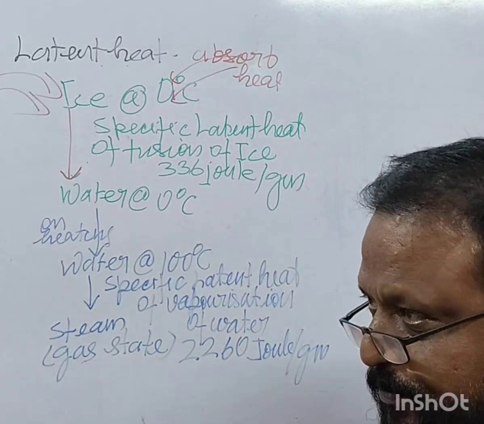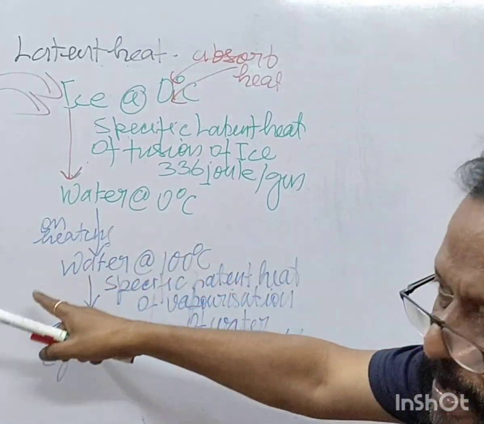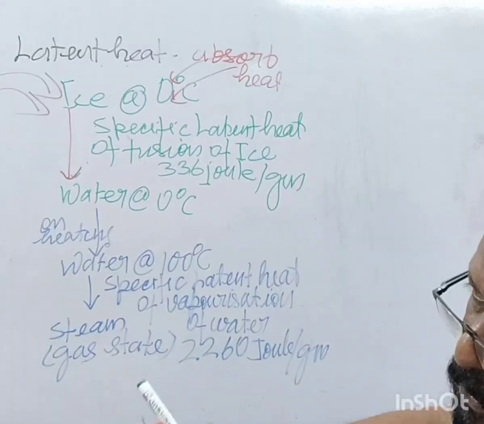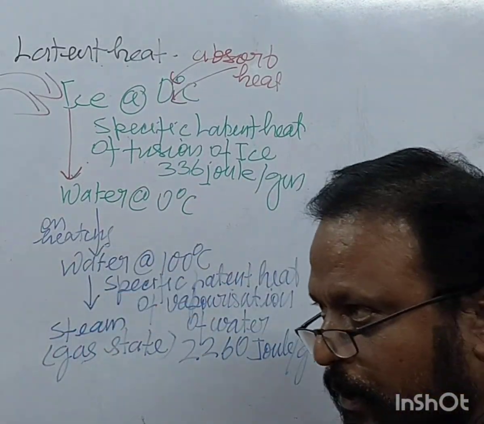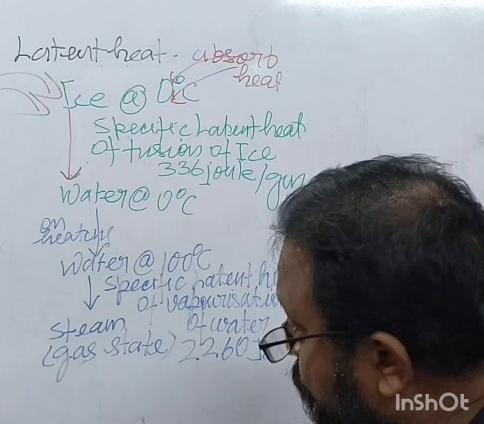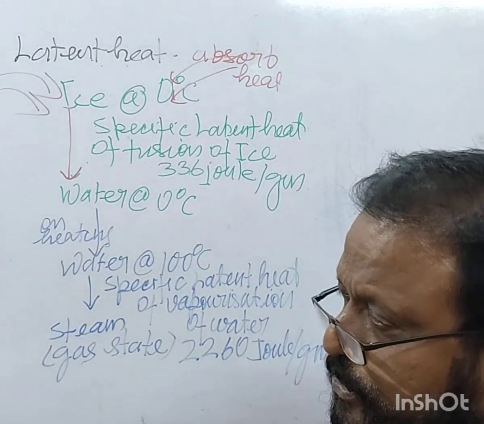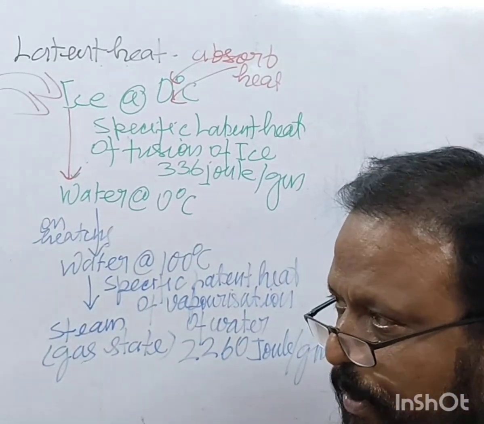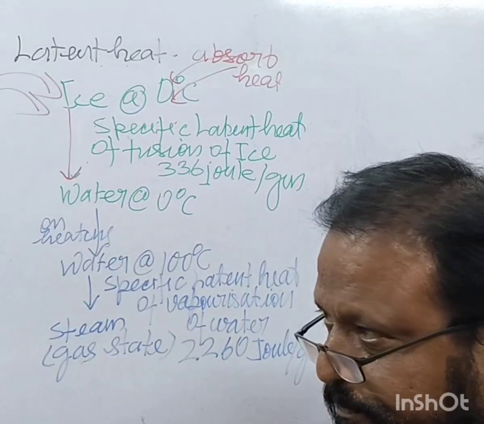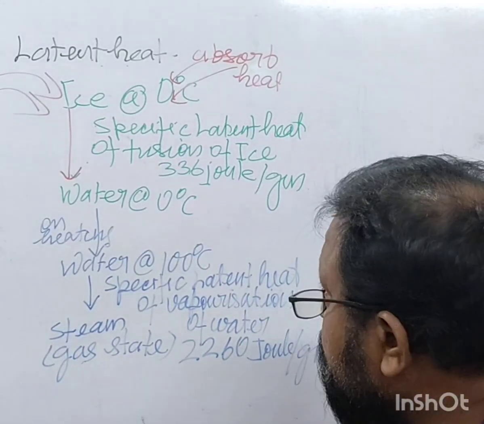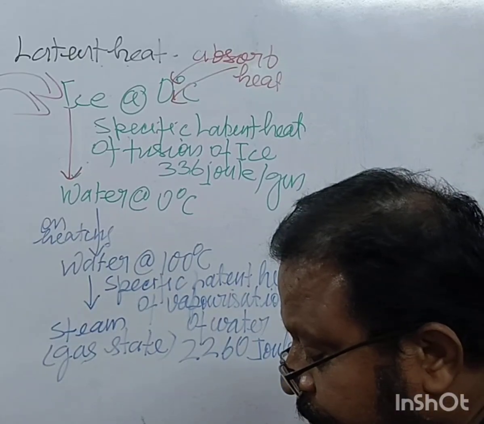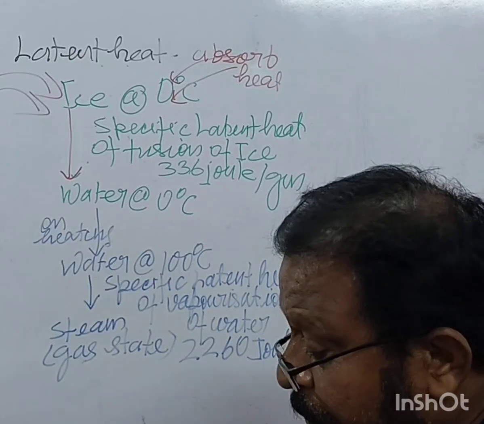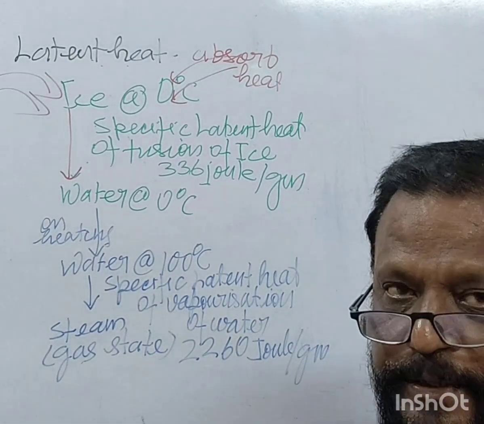Because of this, when this transformation occurs from water to steam, or from ice to water, whatever amount of energy is given is totally utilized in the change in state of matter, with no rise in temperature, right? So because of that, what happens when snow melts?